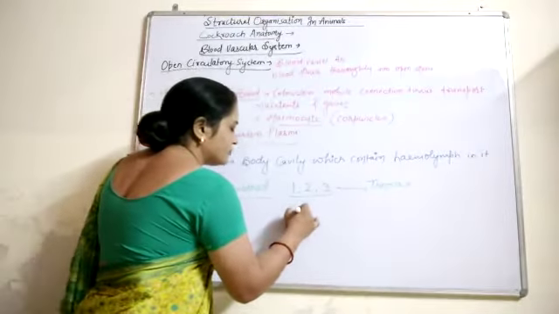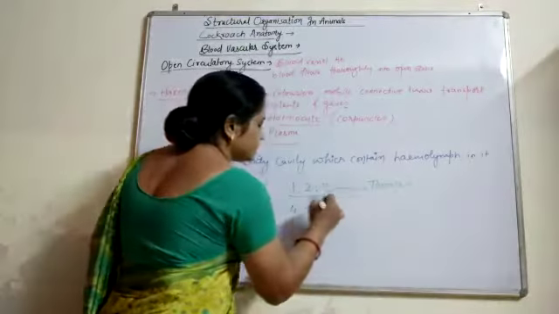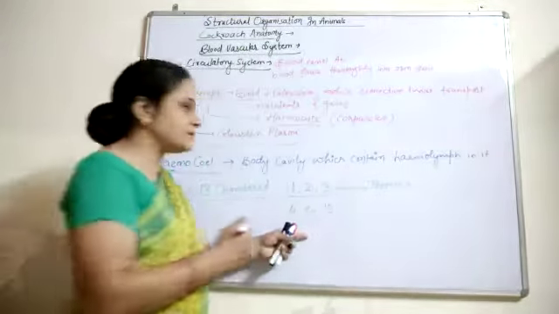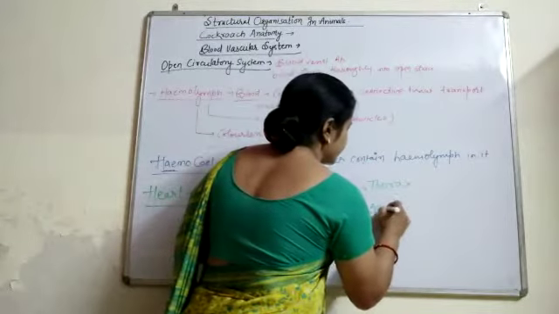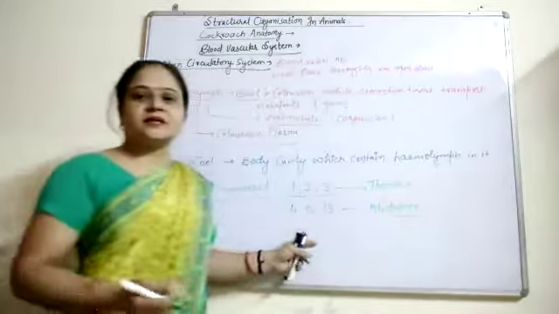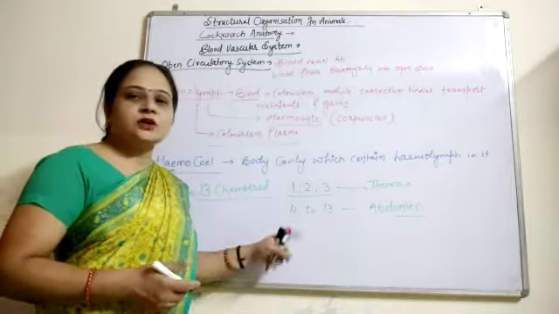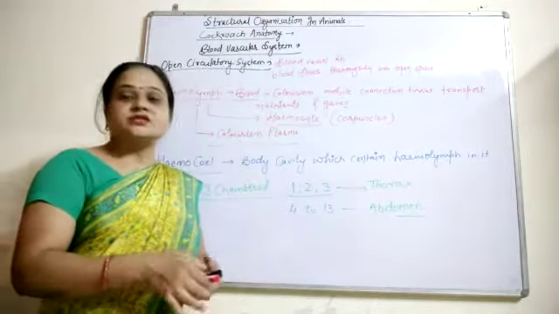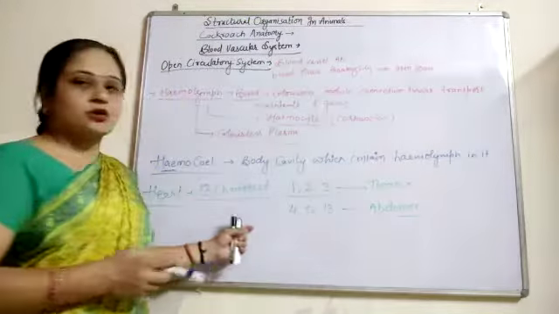Then from 4 to 13, the last 10 chambers are present in the abdomen. So this is the location of the 13 chambered heart in the cockroach body.